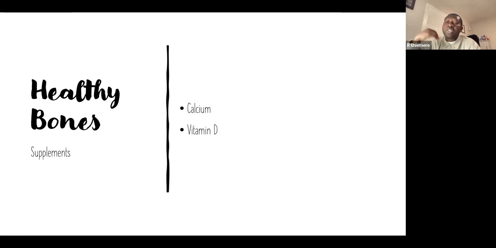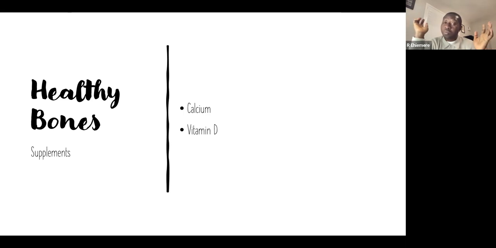So for most of us here who do not have adequate penetration of sunlight, and for those who are darker skinned, it might take a great deal of activation to have their vitamin D quickened by sunshine, and thereafter the kidneys. We do need vitamin D supplements, and calcium, as the case may be.